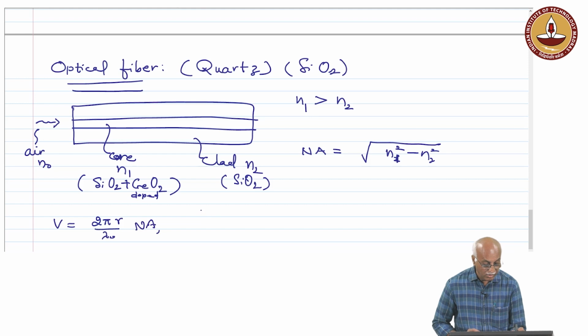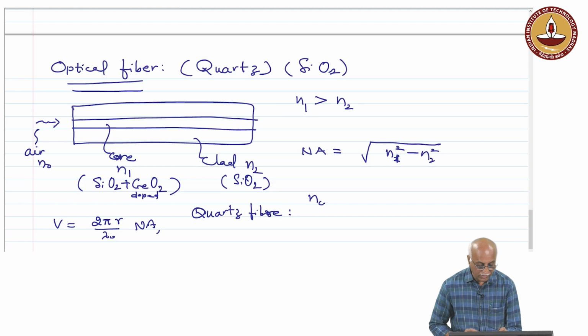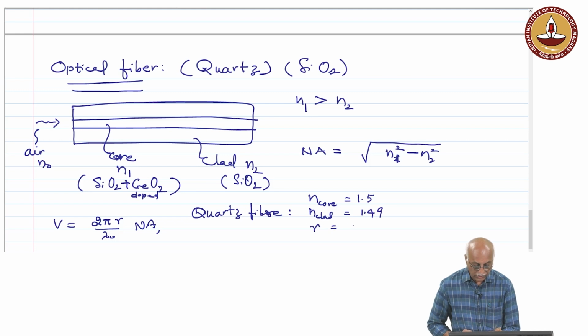If we consider a quartz fiber with n of the core as, let us say, 1.5, n of the clad 1.49, and core diameter 60 micrometer, so core radius is roughly 30 micrometer.